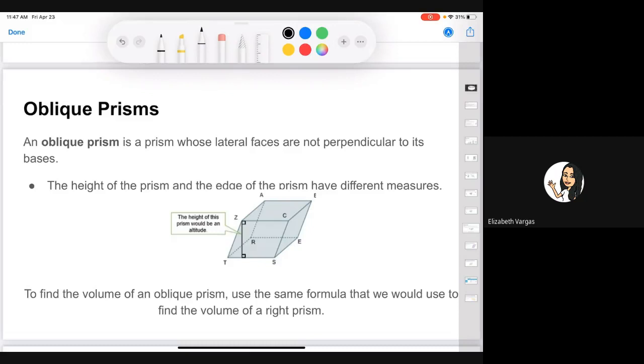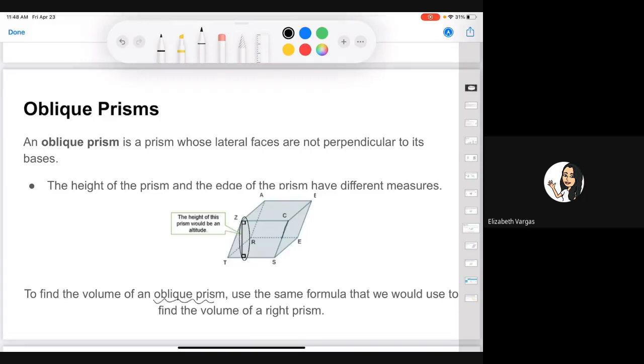So what is an oblique prism? An oblique prism is a prism whose lateral faces are not perpendicular to the bases. That being said, the height of the prism and the edge of the prism have different measures. To find the volume of an oblique prism, we use the same formula that we would use to find the volume of the right prism, but this time, our height is going to be this height right here.